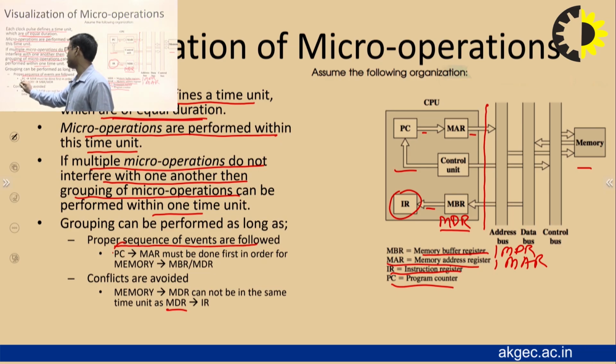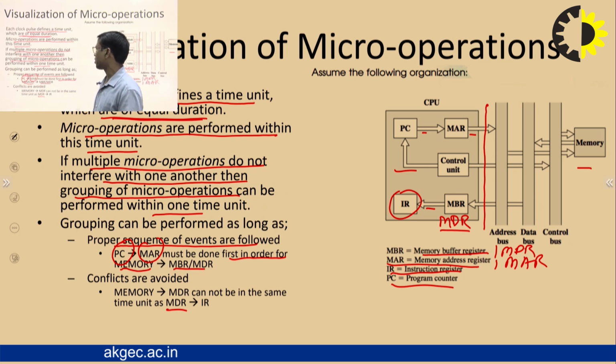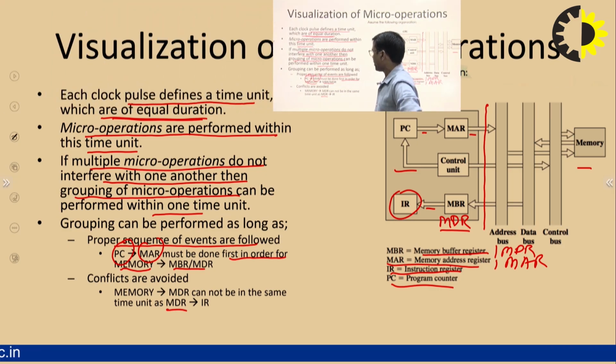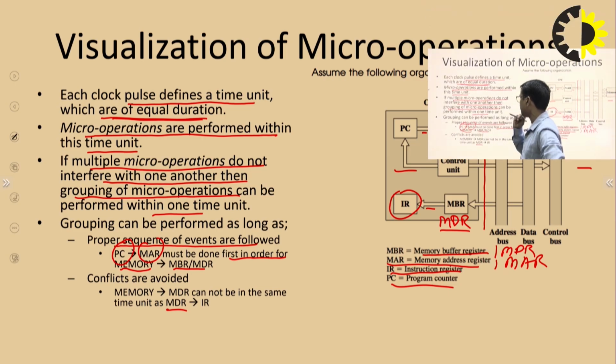Like program counter data sent to the MAR must be done first in order to perform the next step, the memory to MBR data operation, because the program counter will send the memory address to MAR, and then memory will operate, find that data and send it to MAR or MDR.